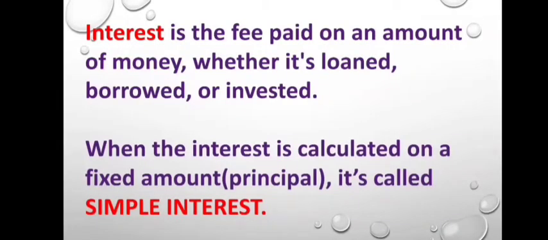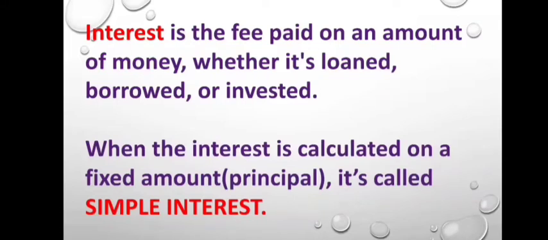First and foremost, let us look at the meaning of the word interest. Interest is the fee paid on an amount of money, whether it is loaned, borrowed, or invested. In other words, it is an additional amount of money that you get when you loan out your money or invest it at a given rate.